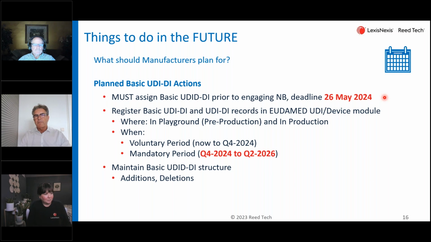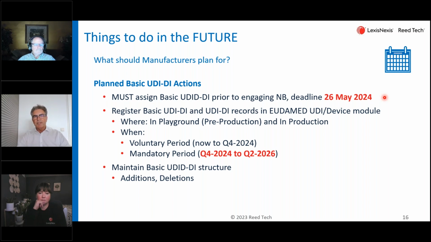You need to have an application in with a notified body, an agreement by September next year around this time. And to do that, you need to have your basic UDI structure ready, and you must have your technical documentation ready.